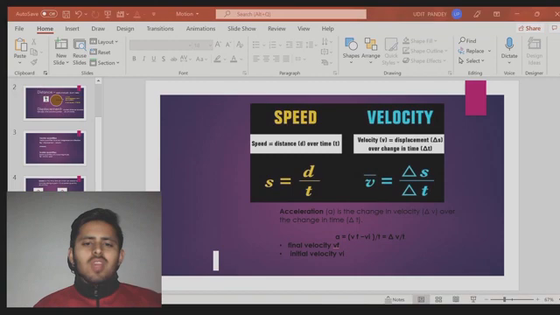Suppose a car starts, and when the car starts, it definitely starts from the rest position, so zero speed, and it moves to the speed of 40 kilometer per hour, so 0 to 40. So the initial velocity was 0 and the final velocity was 40. This is how we take out the change in velocity.